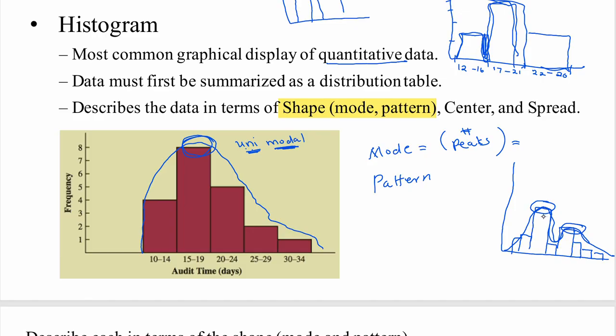Forget about the height. It's about the fact that we have a high, a low, and another high. Because I have these two peaks, this histogram is considered to be bimodal. Bimodal because we have two peaks. Histograms with more than two peaks are called multimodal.